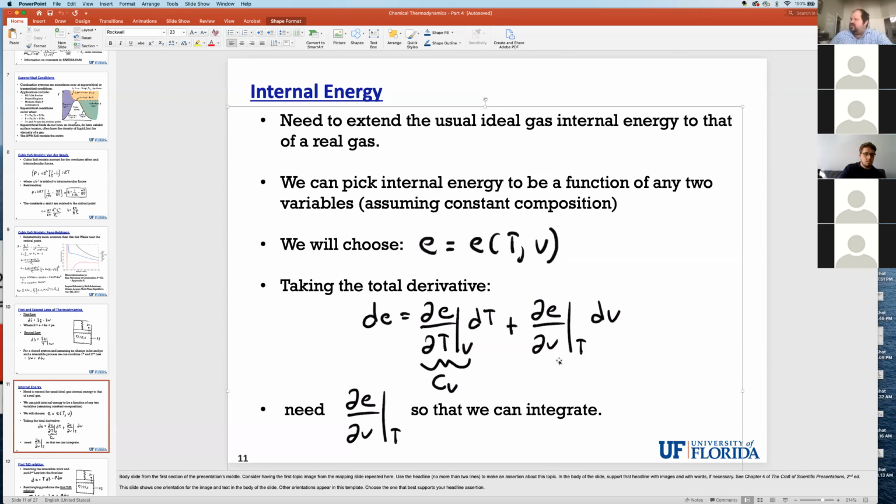But we need to find this other term here. If we can find it, we can integrate this and use it to find the effect of the non-ideal gas behavior on the internal energy. That's where we will start on Friday.